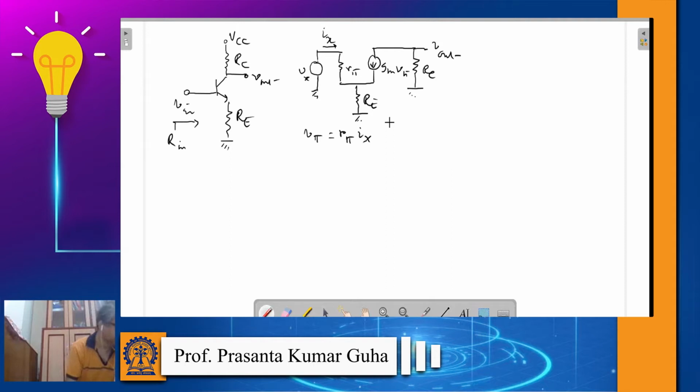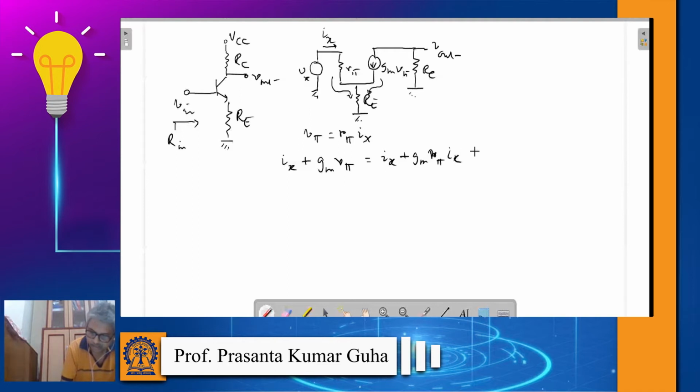Okay, R pi Ix, so you can write the current through the RE circuit. That will be the current Ix plus Gm V pi, right? So this is your Gm V pi, that's the current, that is Ix plus Gm R pi into Ix.